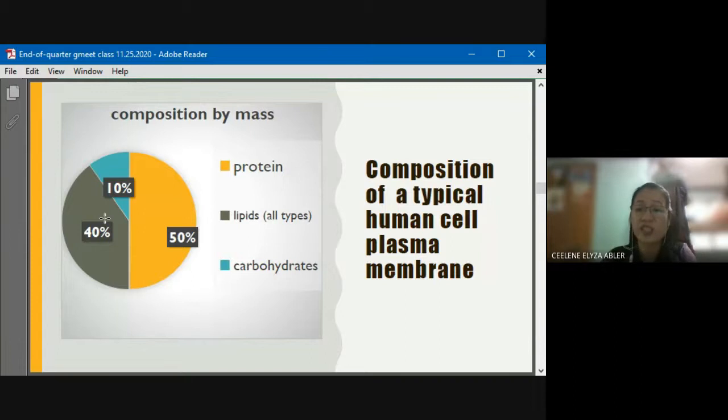Kaya siya saturated. Okay, yan siyang term. And the last one is we have your carbohydrates. This is very few lang, pero ginagamit kasi siya ni cell for recognition of pathogens. So, medyo kailangan din siya. So, we have your carbohydrates, which is just 10% only.